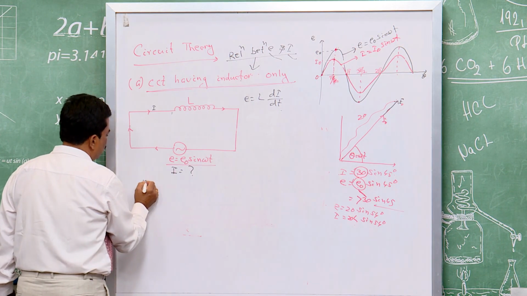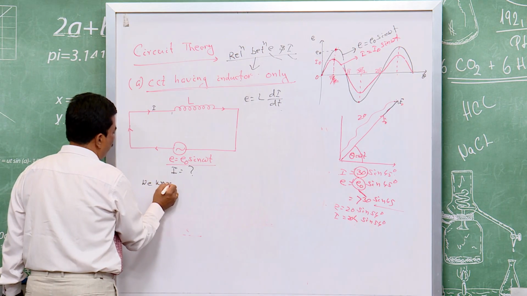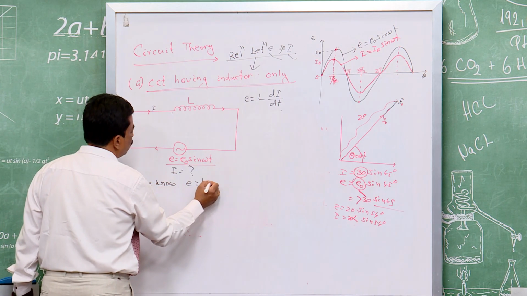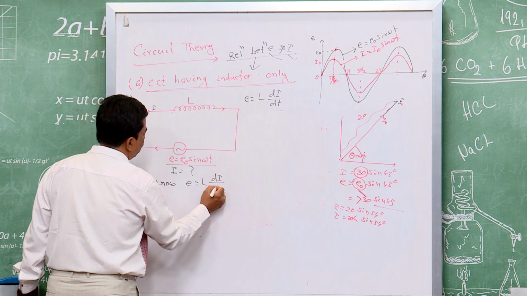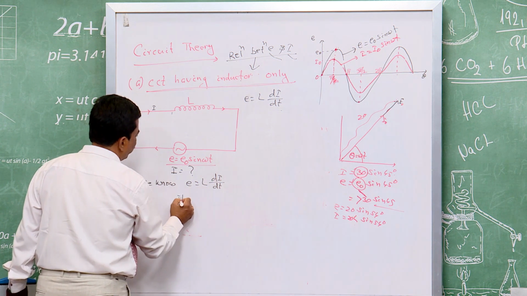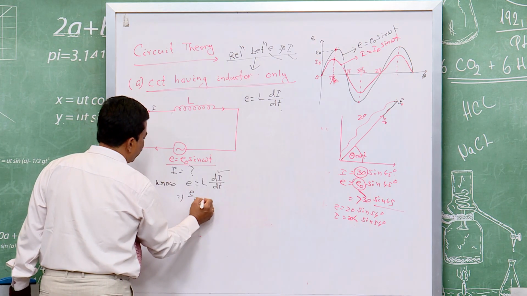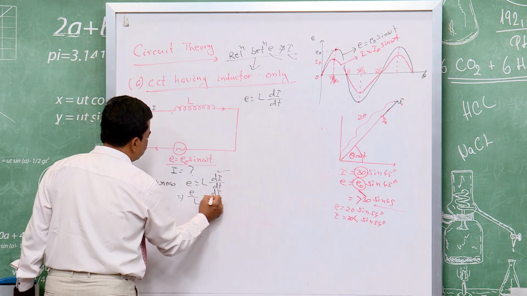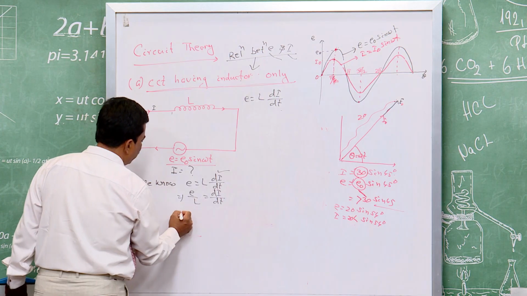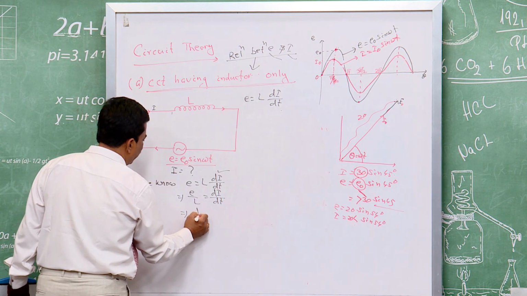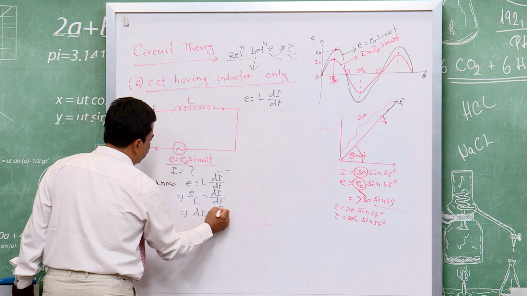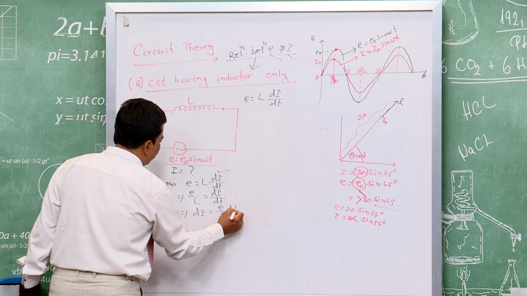So, we know E is equals to L of di by dt. We are interested for I, means E by L is equals to di by dt, implies di is equals to E by L of dt.